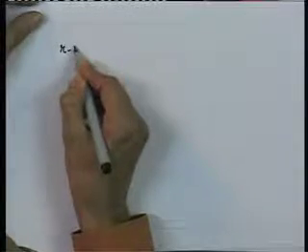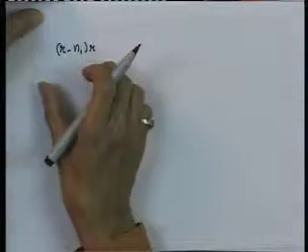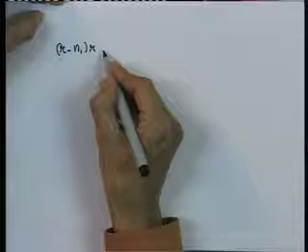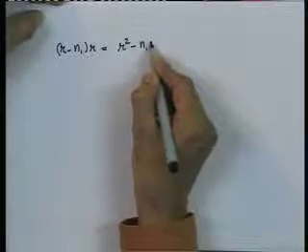So, the number of code words which we can get of length 2 would be equal to R minus N1 times R, and that is equal to R squared minus N1 R. So, these are the code words of length 2 which we can form.